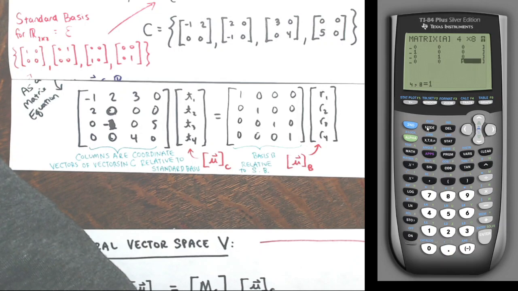Great. And then put this into reduced row echelon form, and we'll scroll over.